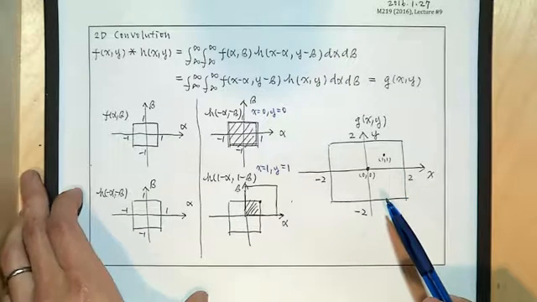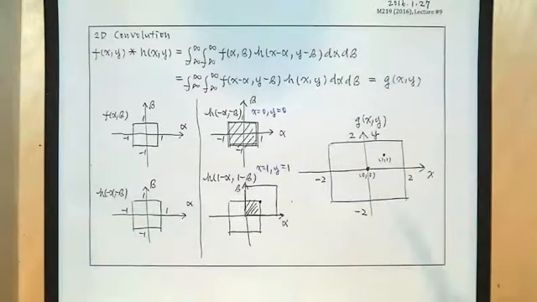Does anyone want to guess what the output looks like? Pyramid. So it will be very similar to a pyramid. Not exactly. But to find out, let's go to MATLAB. You all have this?